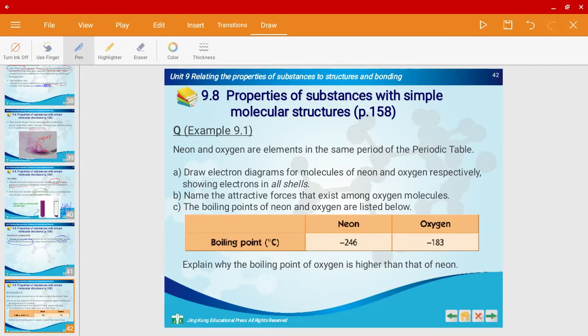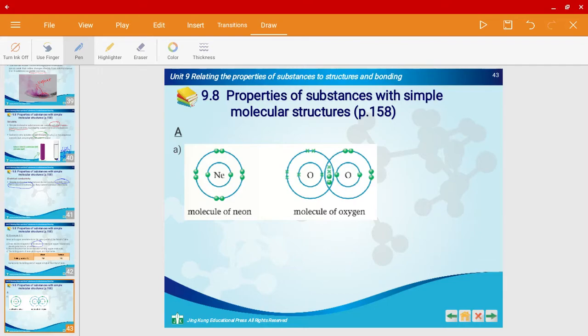Neon and oxygen are elements in the same period of the periodic table. Question 8. Draw electron diagrams for neon and oxygen. Notice the word they use is molecules. So draw electron diagrams for molecules of neon and oxygen, showing electrons in all shells, so not only the outermost shell. So let's go ahead. The neon molecule is just Ne.